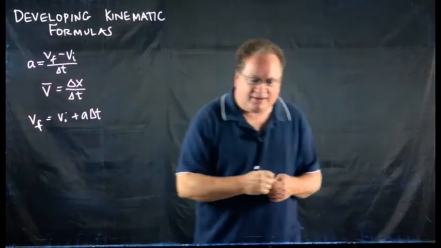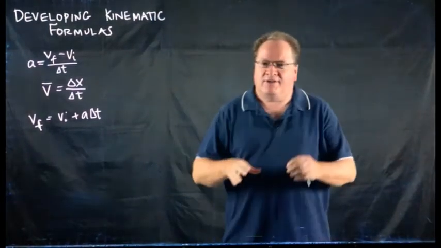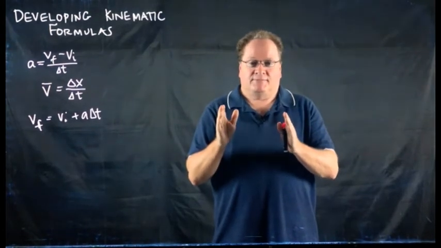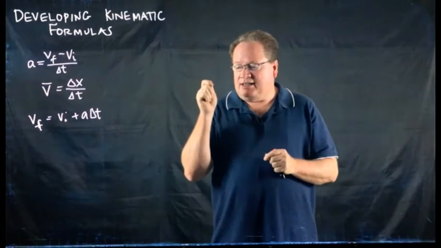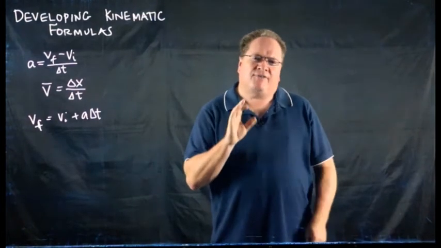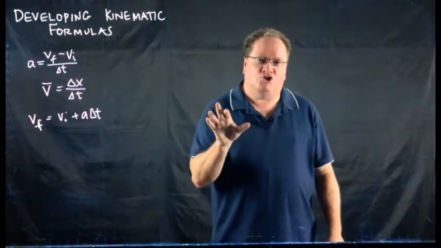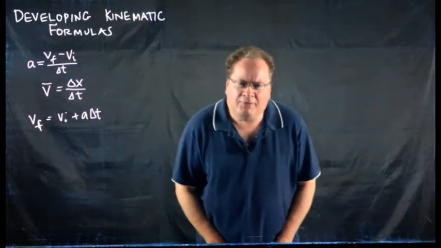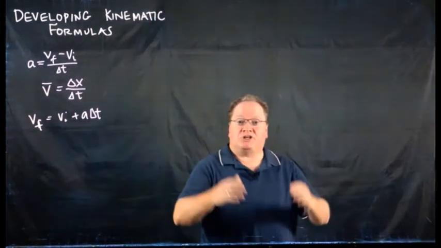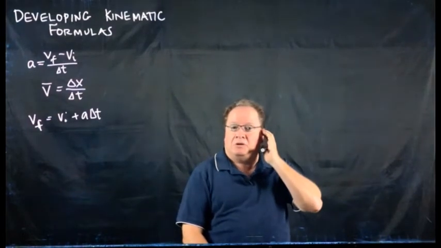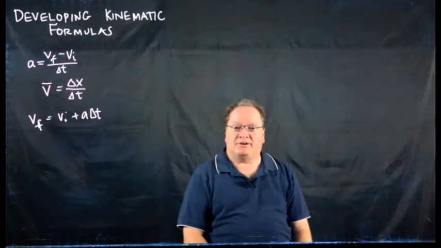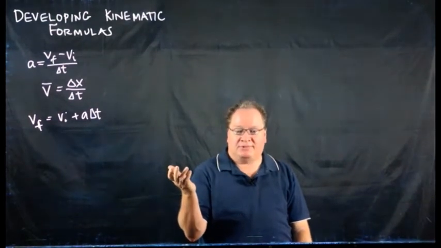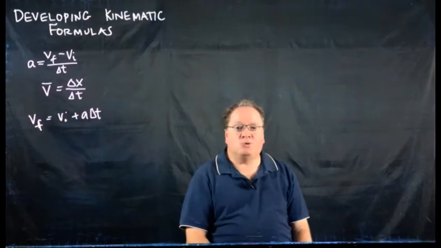So the way that we can do this is, I want you to think of if you have 2 different velocities. All right, you had an initial velocity and a final velocity. If I were to calculate the average of 2 velocities, how would you do it? How would you do that if you were averaging any 2 numbers? Well, I think if you really think about it, you're going to say, well, I'm going to add the 2 numbers together, and then to average them, I divide by 2.